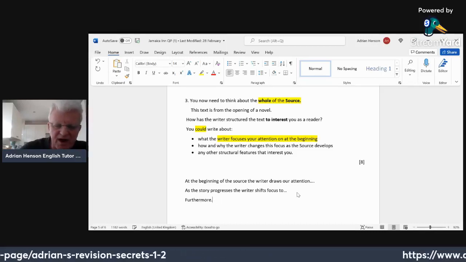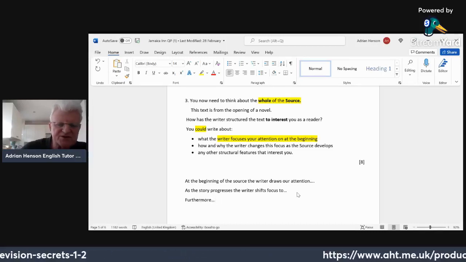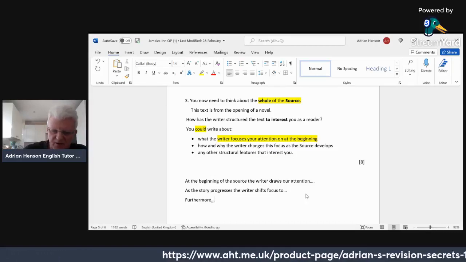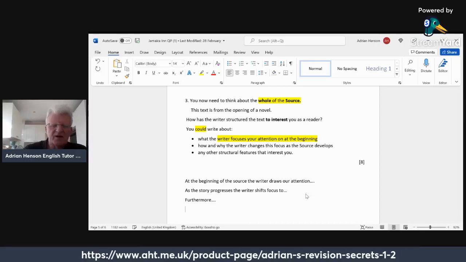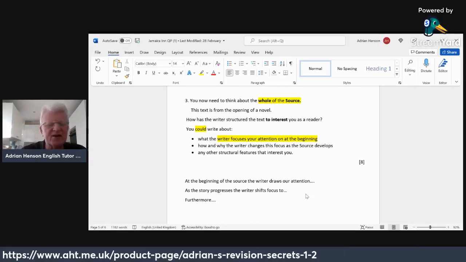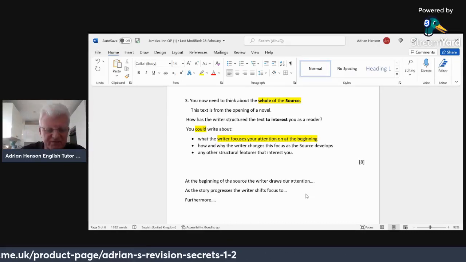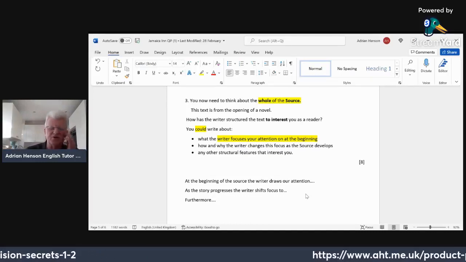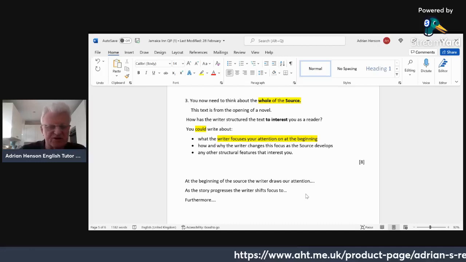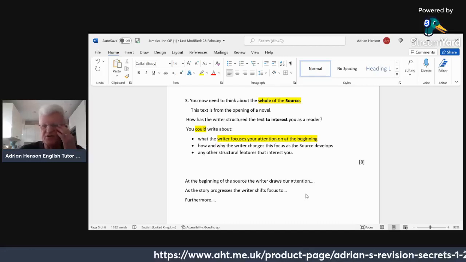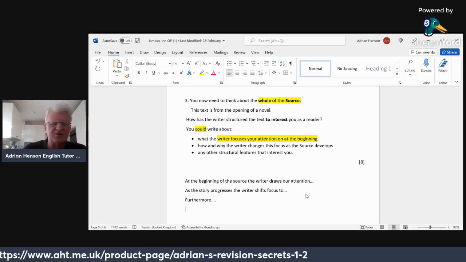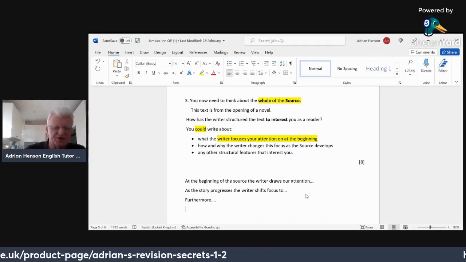So by doing this structure, we are beginning to focus very clearly on each paragraph, which is not going to be overwritten, where we're trying to pick a structural feature and show what the impact is on the story and what mood it sets, etc. And sometimes the paragraphs will contrast, and that's another word that's used.